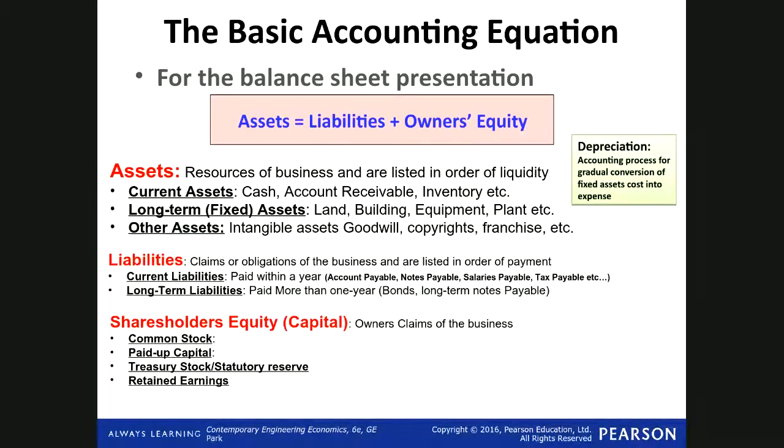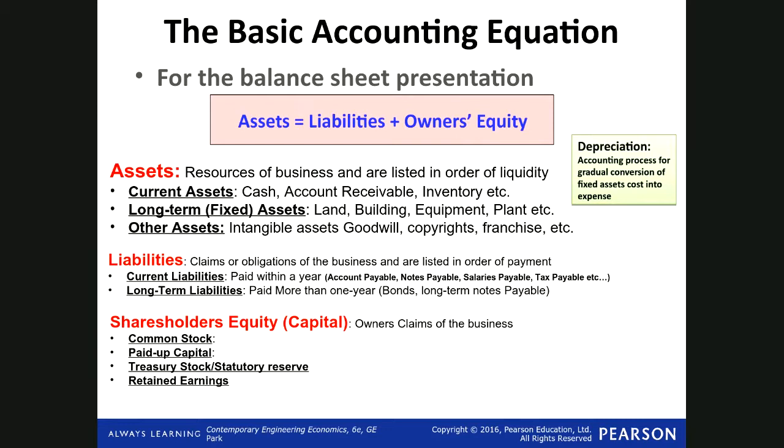Then the next item you have is inventory. Inventory is the stock which you are going to sell to the final customer. If you are selling, let's say, laptops or mobiles, the number of mobiles you have in your warehouse, in your stock, it is inventory.